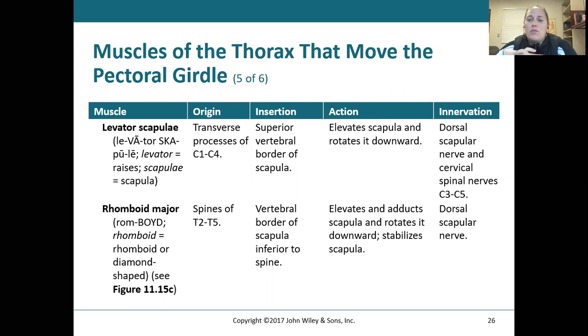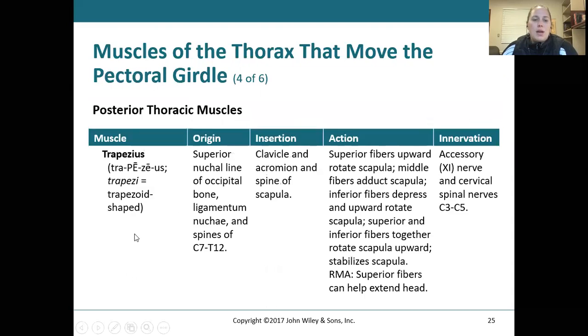Innervation is the dorsal scapular nerve and cervical nerves C3 through C5. And so we're going to go back and look at the levator scapulae and the rhomboid major, which has its origin at spines T2 through T5. The insertion is the vertebral border of the scapula inferior to the spine. It elevates and adducts the scapula and rotates it downward, stabilizes it, and the dorsal scapular nerve is its innervation. So let's look at levator scapulae and rhomboid major.